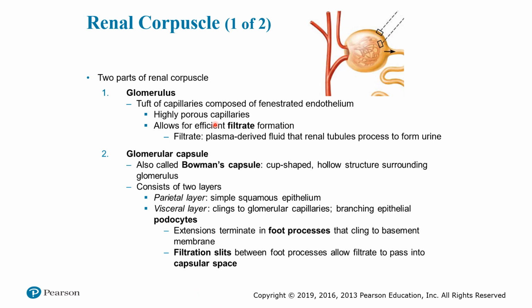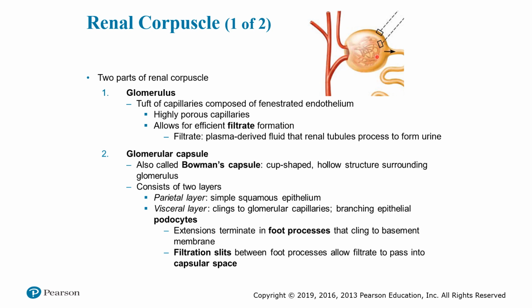Now let's go over the renal corpuscle in detail. The renal corpuscle consists of two parts, the glomerulus, which you can see from here, these capillaries present inside the capsule. This is a tuft of capillaries, and they are highly porous because they are made up of fenestrated endothelium, and because of this the filtration is easy in these capillaries.